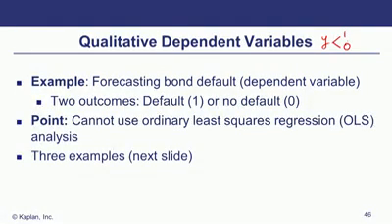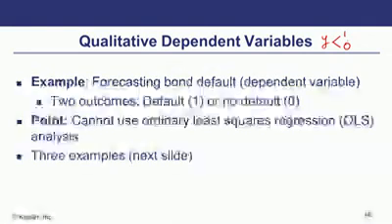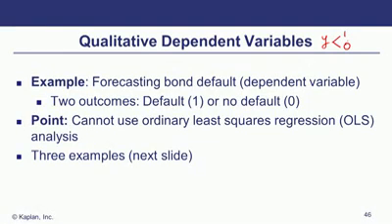So in other words, the output from the regression essentially boils down to yes versus no. And the most common scenario here is maybe when we want to forecast whether a bond is likely to default. And we want basically a binary answer, yes or no.